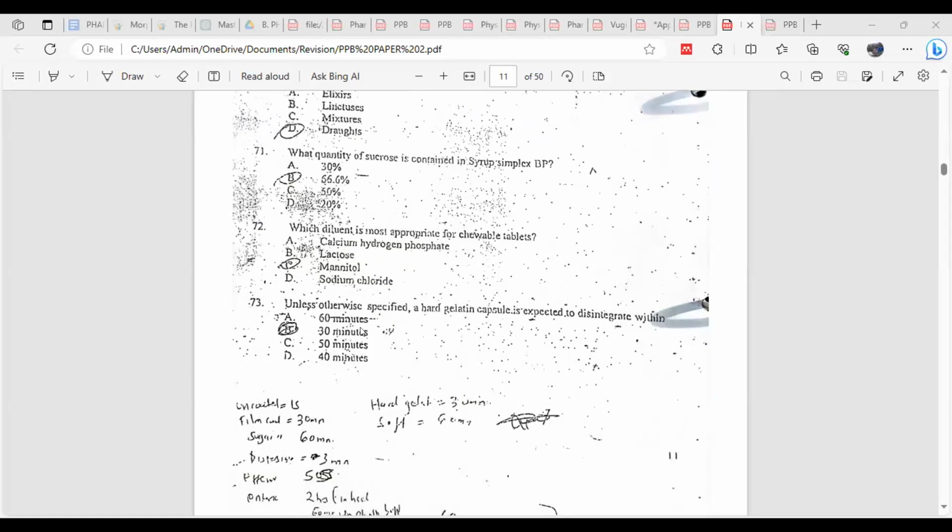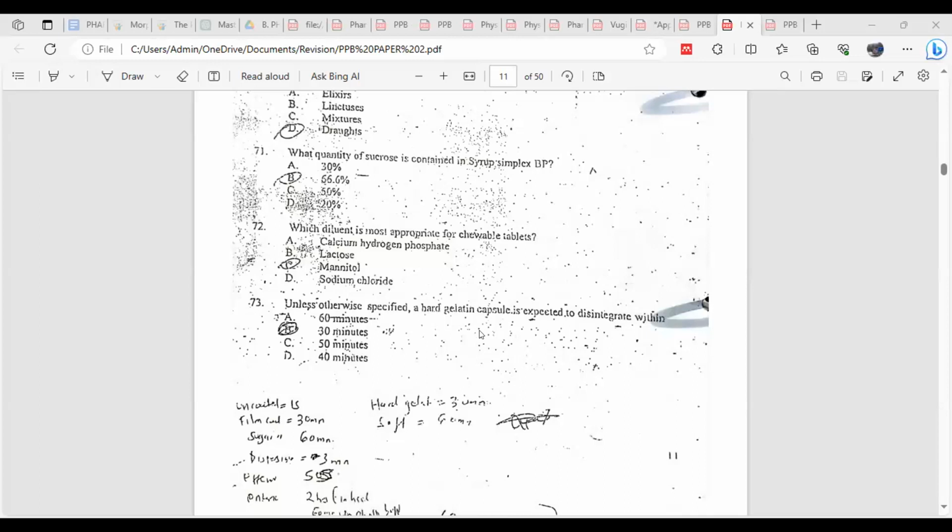Unless otherwise specified, a hard gelatin capsule is expected to disintegrate within 60 minutes, 30 minutes, 40. That is for hard gelatin. I feel like we should look for notes on that, the disintegration. For a capsule, that is also important.